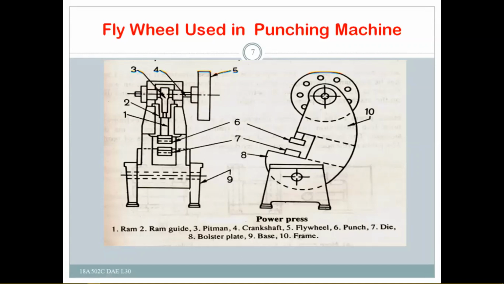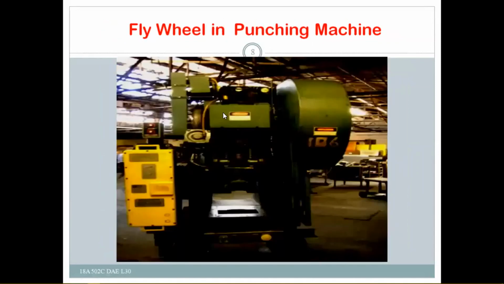In such a case, the energy delivered to the punching machine will be stored within the flywheel and delivered during the punching operation, right? So this is the flywheel used in punching machines. This is a punching machine, and here you can see the flywheel.